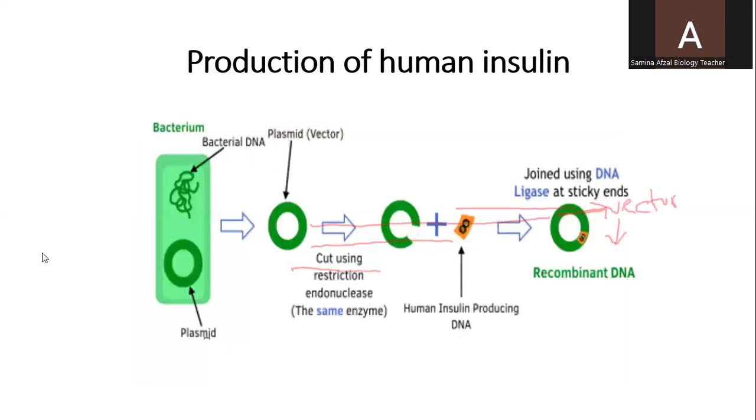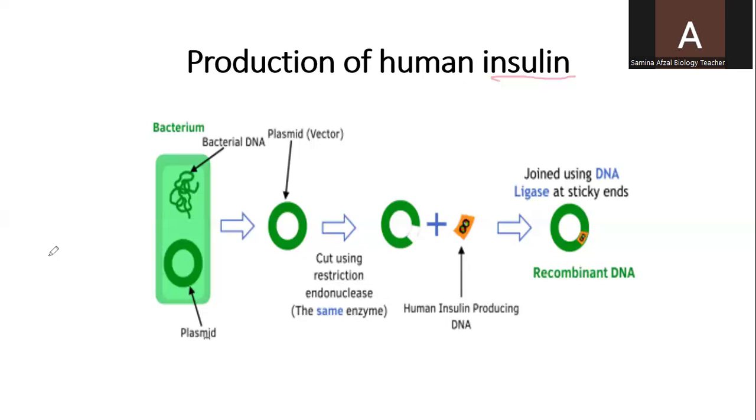In the next slide, we will discuss how the production of human insulin takes place by using these techniques. And students, you know, insulin is a hormone which is produced by the pancreas at the time when our glucose level is high. So insulin is secreted to balance the glucose level in the body. There are some people who are suffering with diabetes.